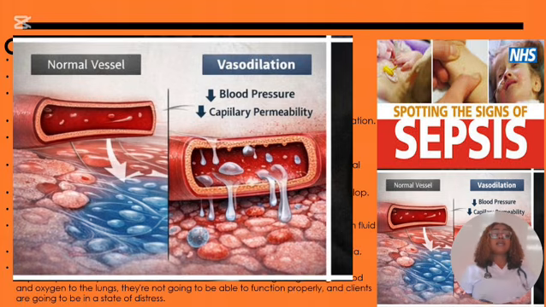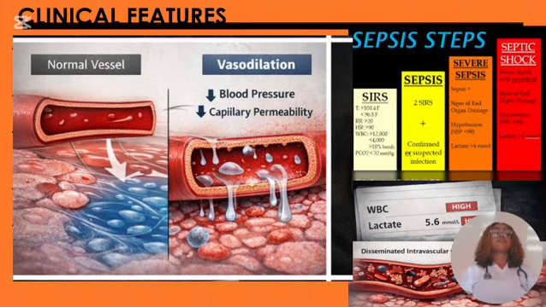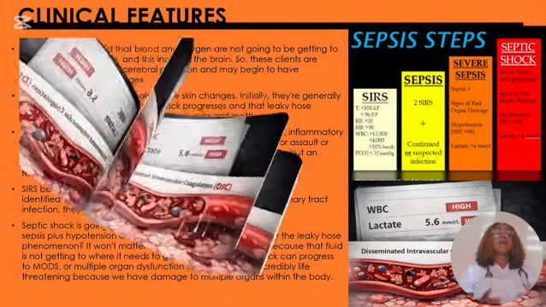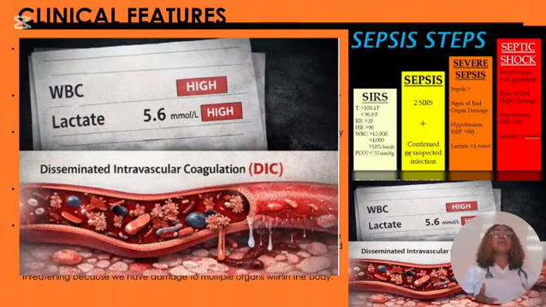If clients are not getting enough oxygen to the tissues and to the blood, acute respiratory distress syndrome can occur. If we are not getting enough blood and oxygen to the lungs, they are not going to be able to function properly, and clients are going to be in a state of distress. Now, remember I said that blood and oxygen are not going to be getting to where they are needed, and this includes the brain.